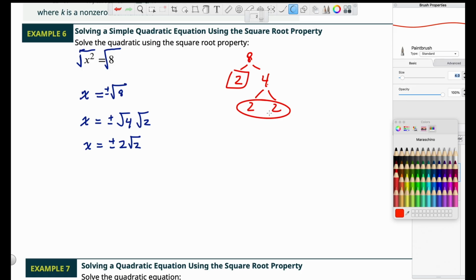So a pair of 2's, 2 times 2, is 2 squared, and the square root of 2 squared would just be 2. Maybe this helps you see, the 2 comes out, and then this 2 stays under the radical because it's not a pair.